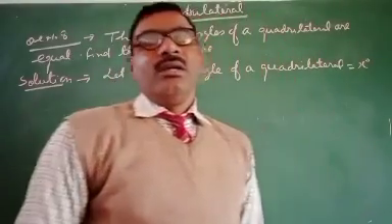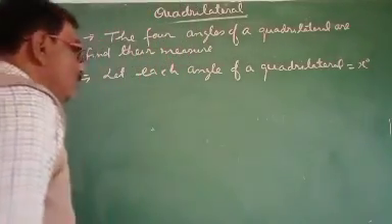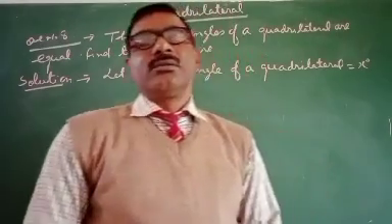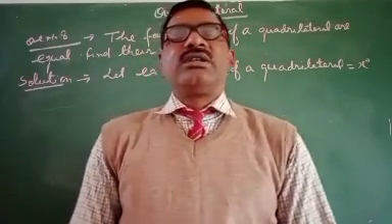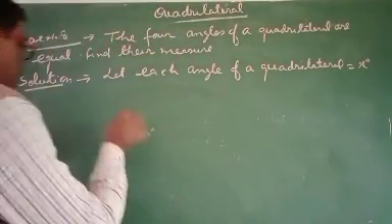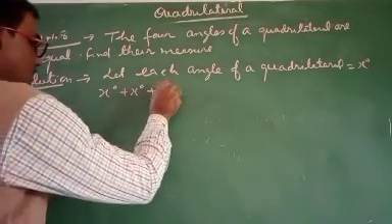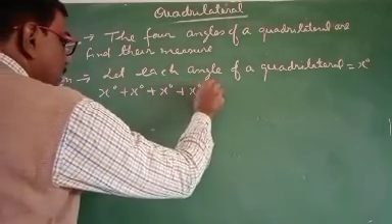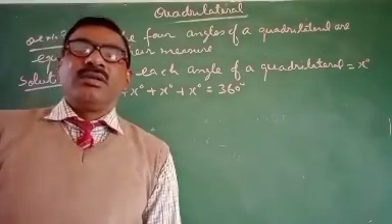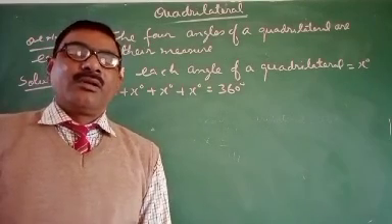We know that a quadrilateral has 4 angles, and also we know that the sum of angles of a quadrilateral equals 360 degree. So x degree plus x degree plus x degree plus x degree equals 360 degree, because each angle is x degree.